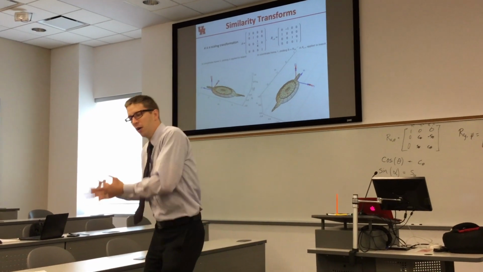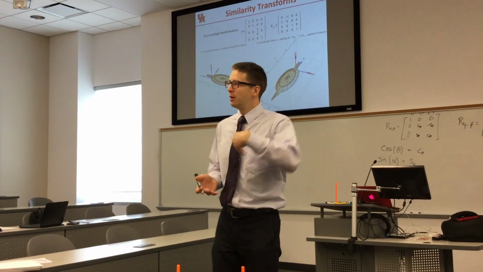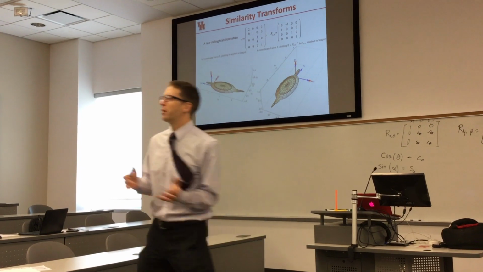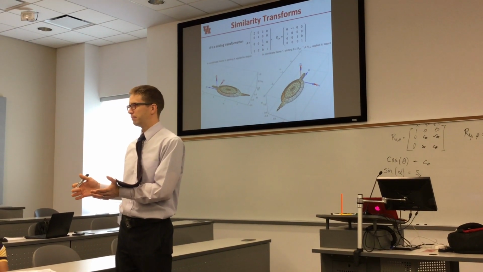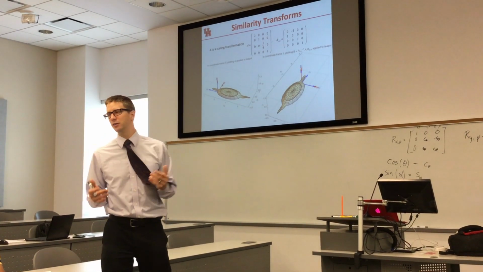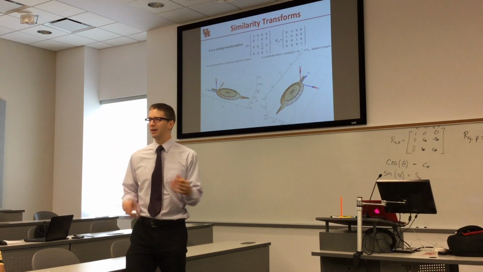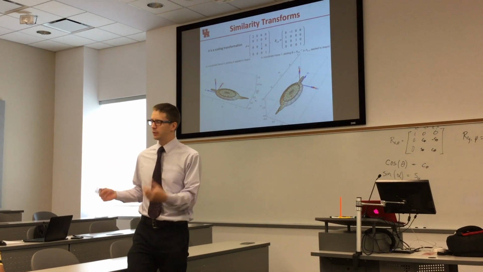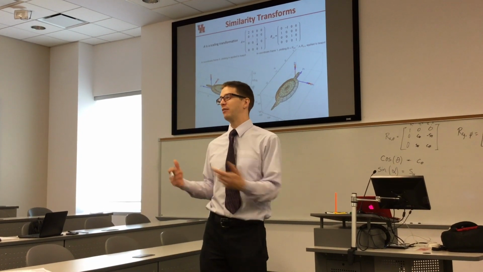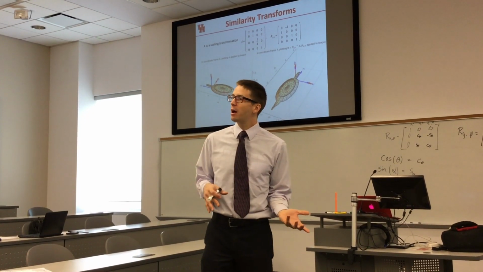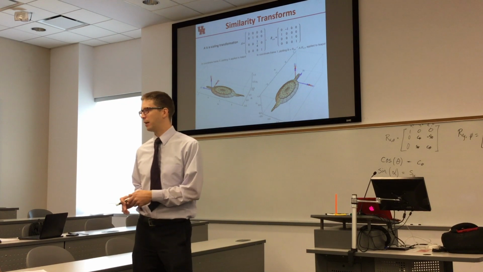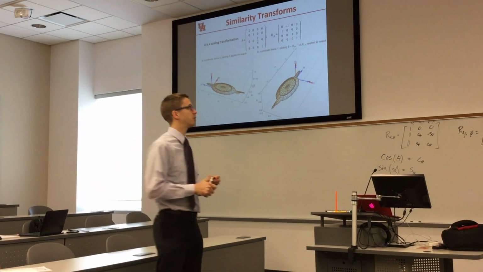So what do I do? First, put it in coordinate frame 0, apply the transformation, and then put it back into coordinate frame 1. If you've taken Laplace or Fourier, this should make a lot of sense to you. The idea is, we're in a different domain. We just transform it into the domain where we've got the operator, apply the operator, and then push it back in the other domain.